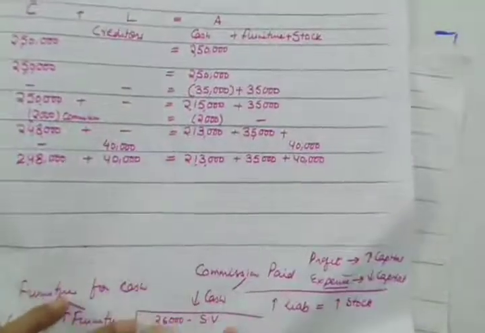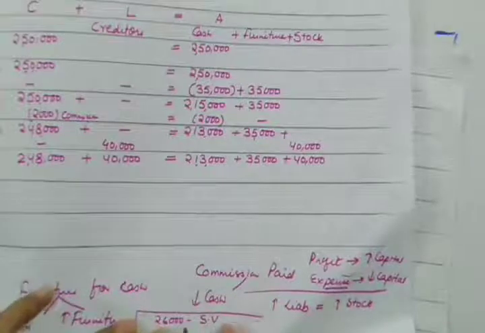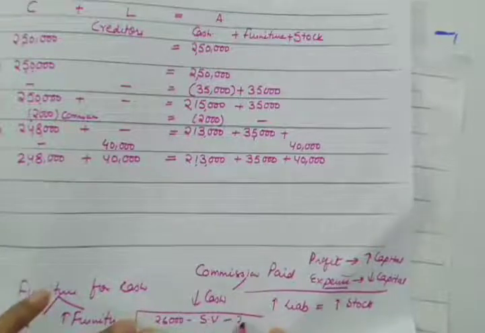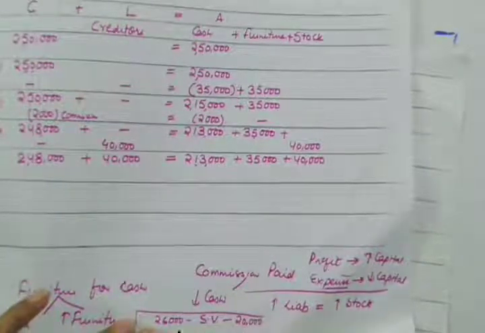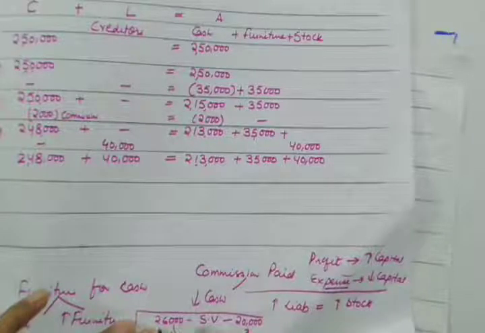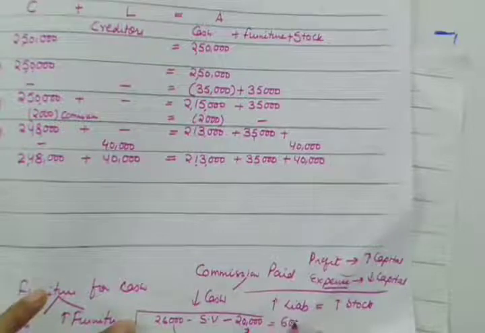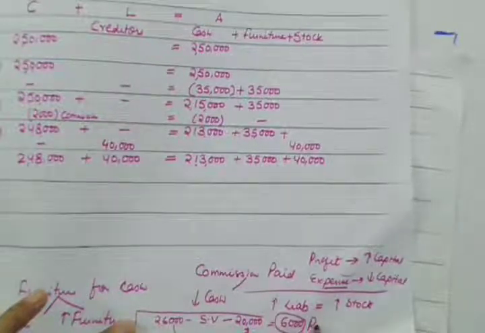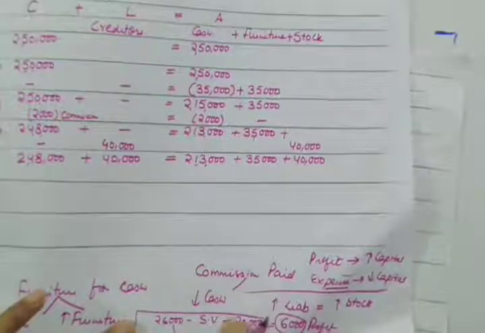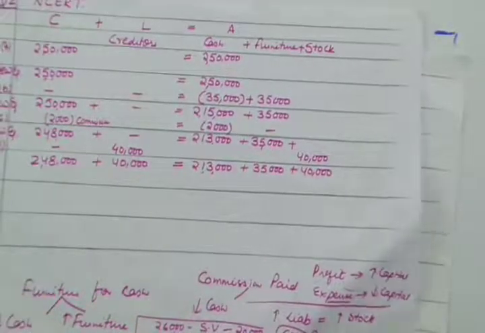So this is the sale value, and what is the cost? Cost is 20,000. So if you deduct 20,000 from this, you will get a 6,000 profit. And you know what to do with the profit? Profit will be added to the capital. Yes.